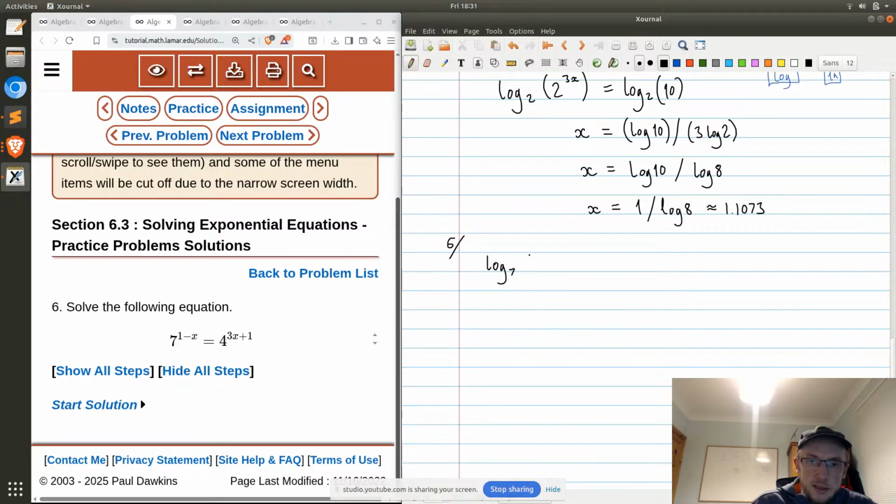So if I do log base 7 on both sides, I guess I've actually kind of forgotten how to do this. But, you know, I'll try stuff. See if I can jog my memory. Okay, so I end up with this.